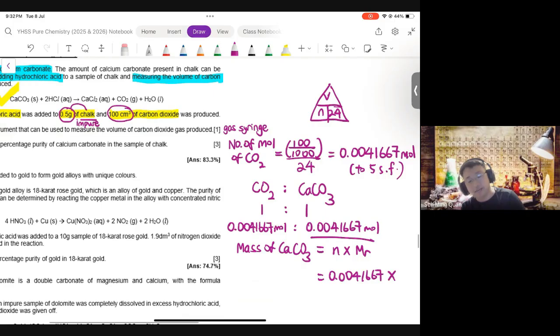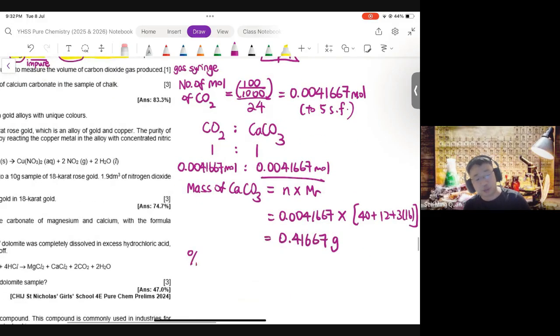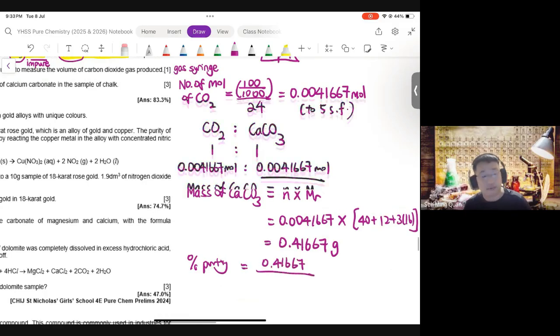0.00416667 times MR, 40 plus 12 plus 3 times 16. And that should give us a comfortable 0.41667 grams. Okay, thereafter, the percentage purity will be the mass, 0.41667 grams, divided by the mass of the sample.